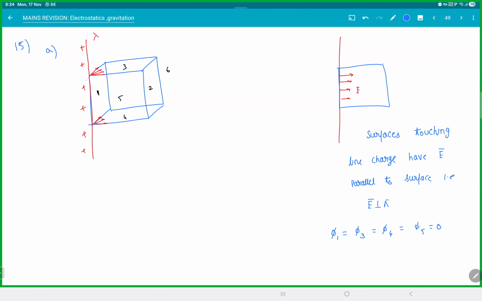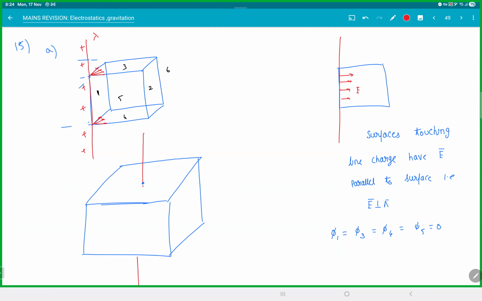Now, how to get the whole flux? Consider 3 more cubes placed in the middle. If you put 3 more cubes, the whole picture will look something like this. Your line will be going from here, and this is one cube. The total flux will be, with this length L, lambda L by epsilon.